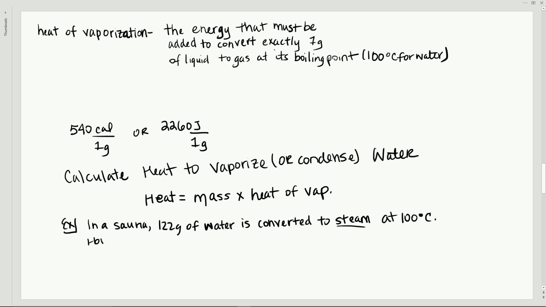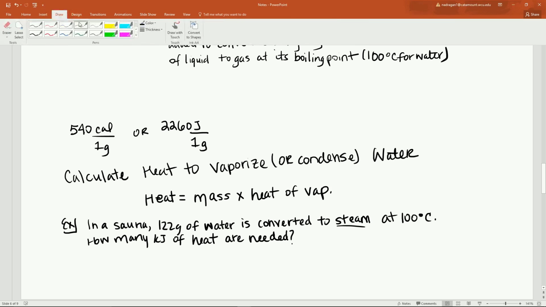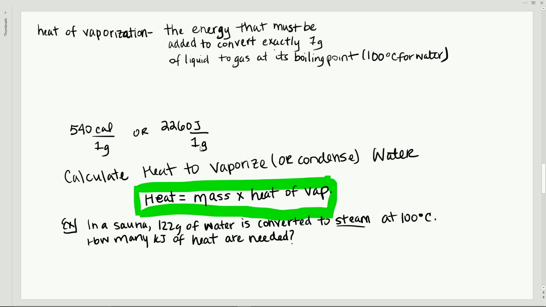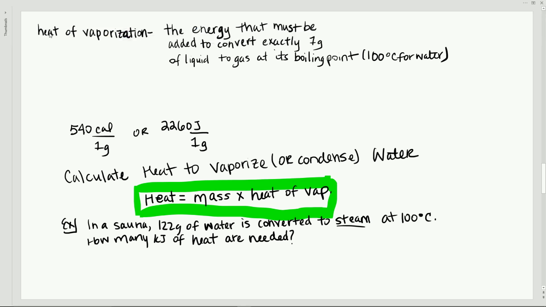How many kilojoules of heat are needed? Okay, so here is our formula. I'm going to highlight that, and then let's do this problem.